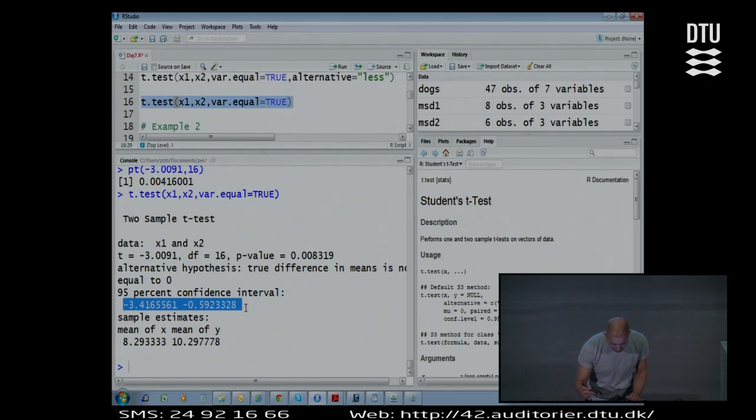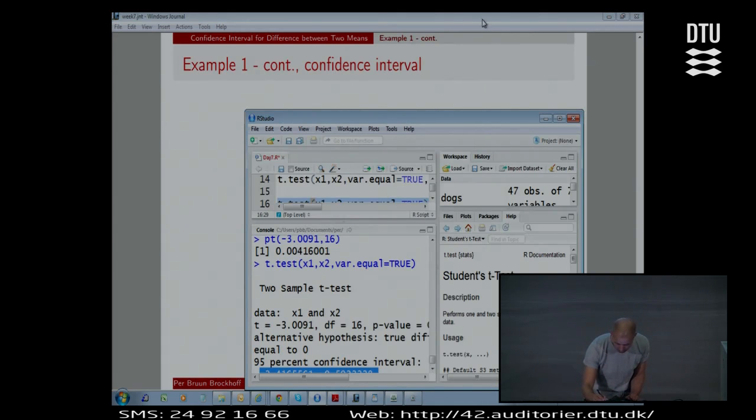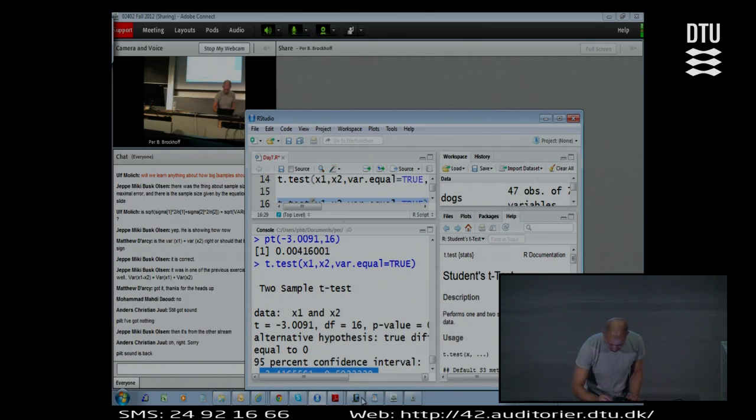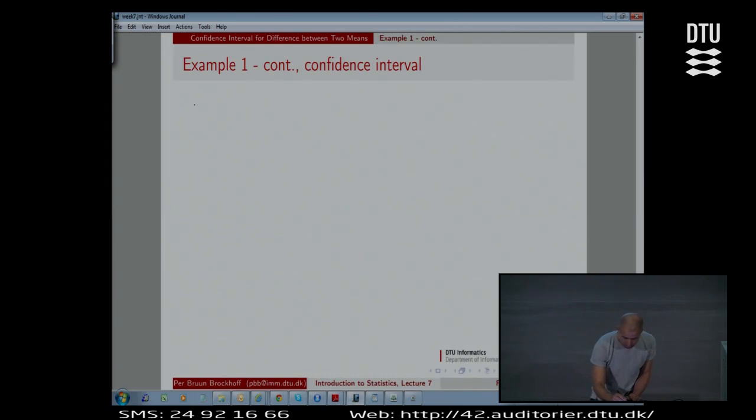I get the result, minus 3.42 up to minus 0.59. Should I try if I can remember that? Just one second. Oh, that's difficult to remember, also because I pressed the wrong buttons here. Minus 3, I forgot it already.